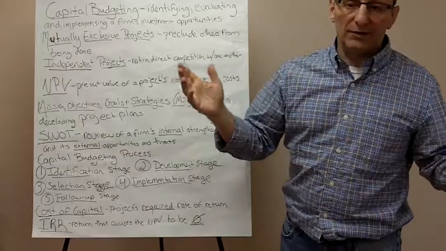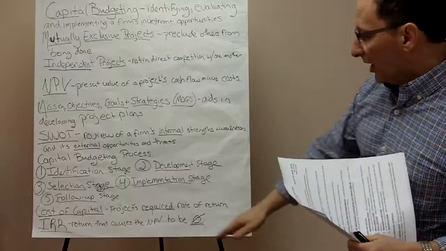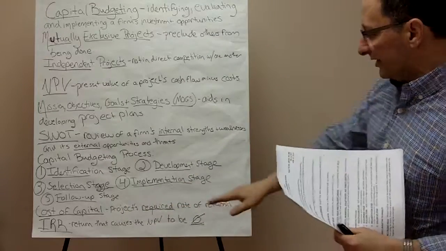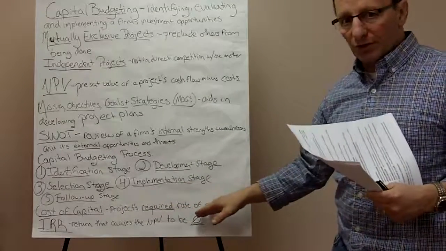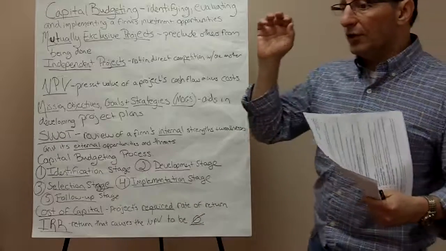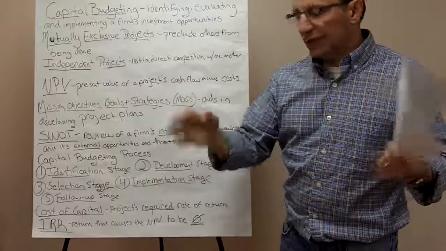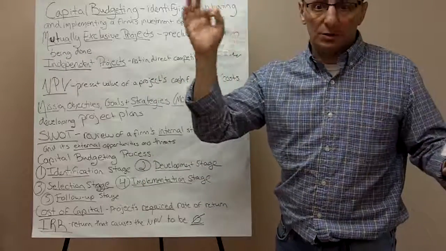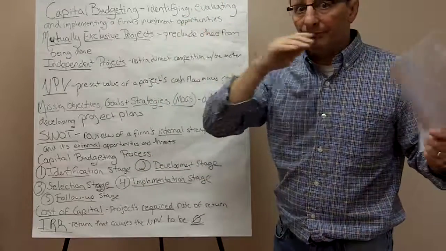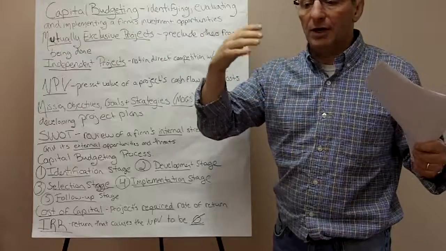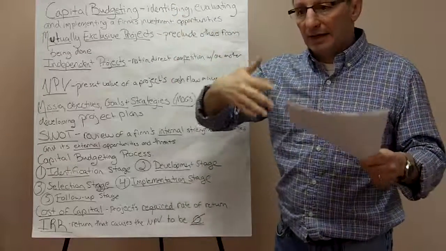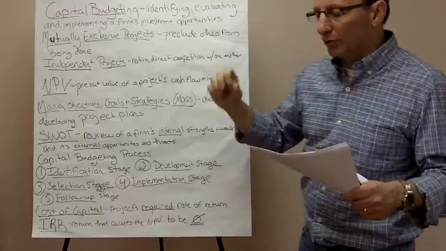If it's not, obviously, again, don't do it. It is the return that causes the net present value to be 0. So if you're getting exactly what your cost of capital is, then the internal rate of return is going to be the same. The amount you're trying to get in addition to that cost of capital is that internal rate of return.